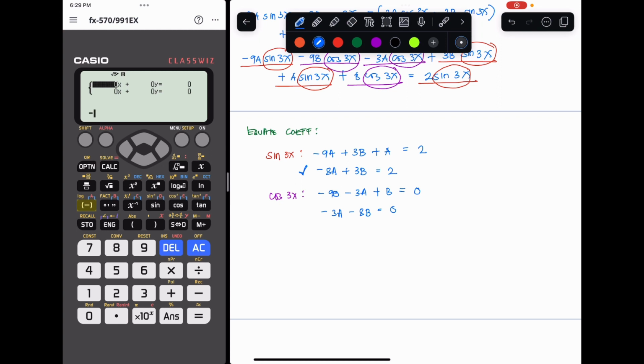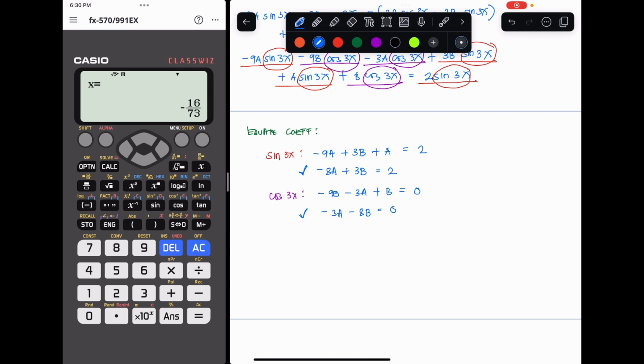Negative 8, and then b is positive 3. The constant is 2. For the second one, a is negative 3, and then b is negative 8, and then 0 for the constant part.